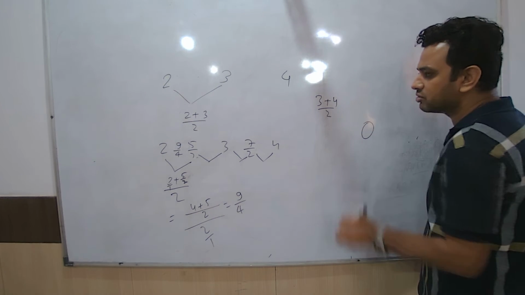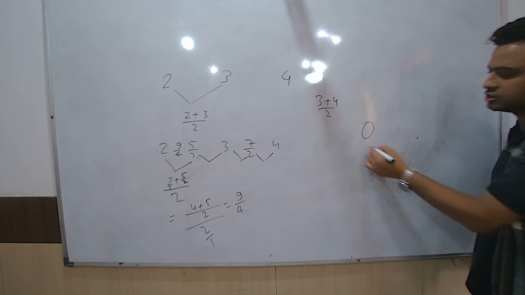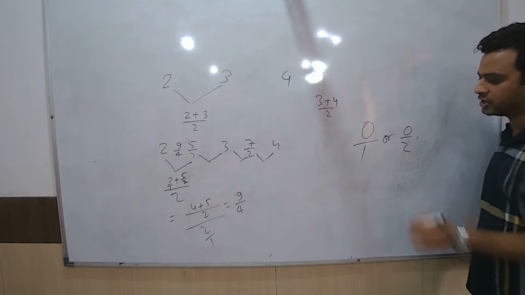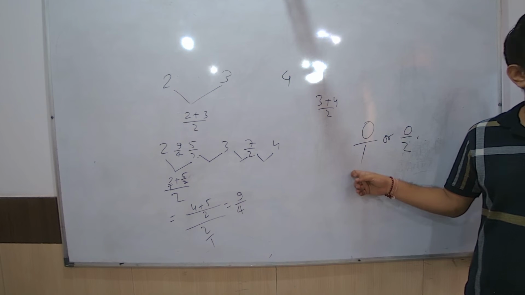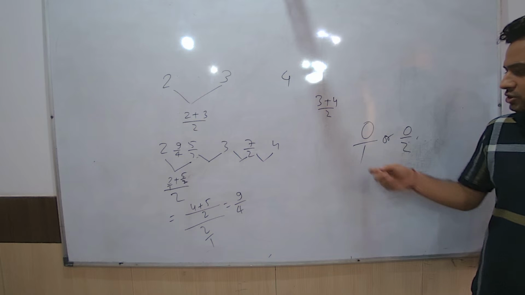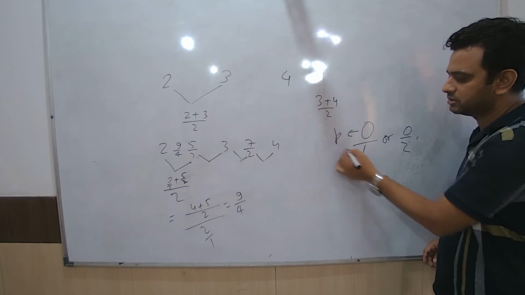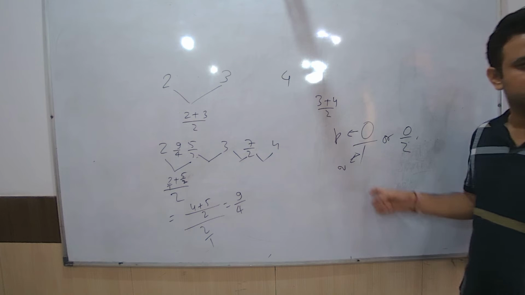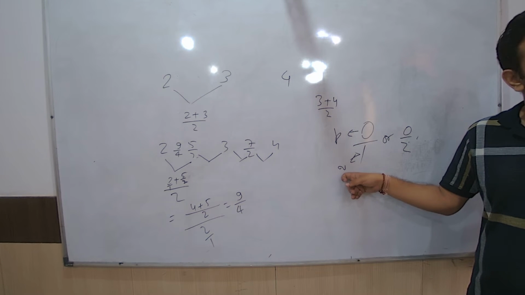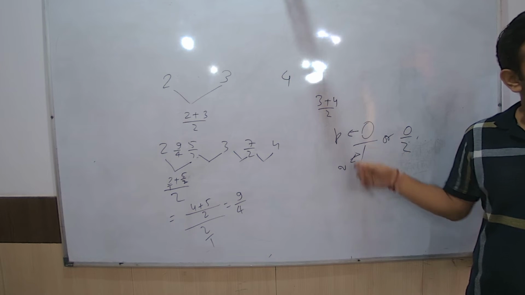Is 0 a rational or irrational number? I can write it as 0 by 1 or 0 by 2. I told you na, 0 divided by any number will always be 0 only. Okay, so this is 0 by 1, 0 by 2. This is P, this is Q. So I have represented this in the form of P by Q, where Q is not equal to 0 and they are both co-primes.